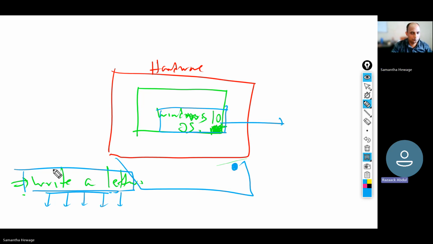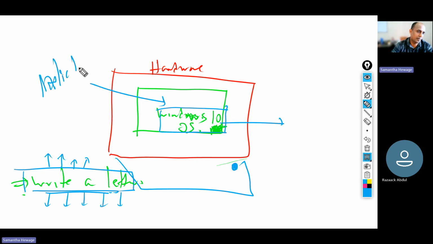See, Pute, the operating system is the main control program in your computer. But in order to write a letter or create an Excel sheet and all, you have to install application software. Am I right?